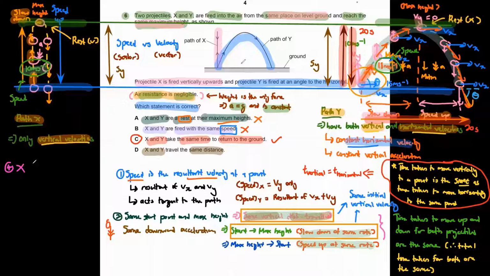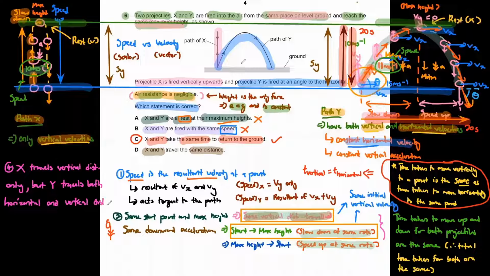Projectile X travels vertical distance only, but projectile Y travels both horizontal and vertical distance.